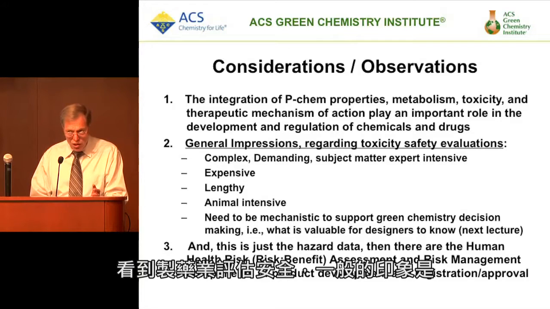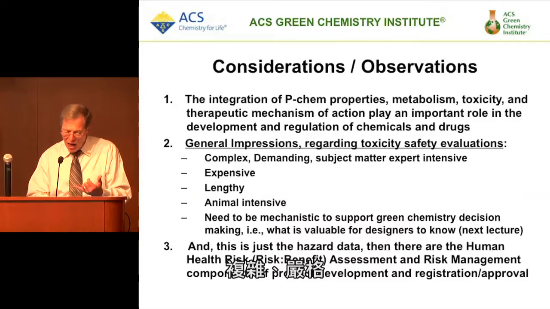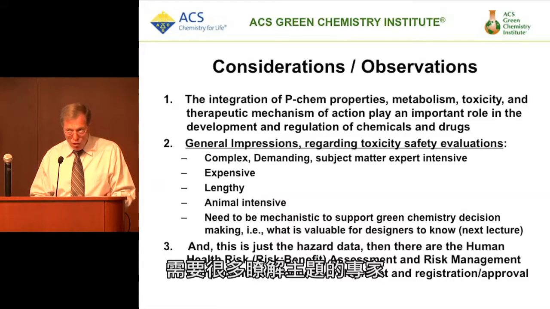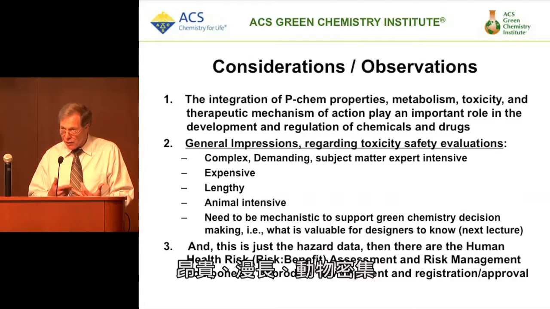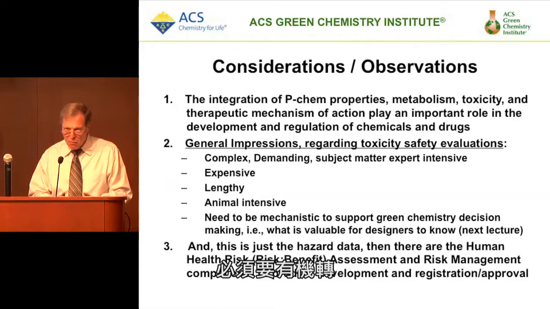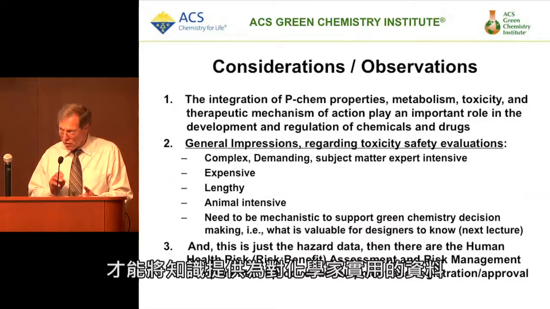So the general impressions, when you look at what the pharmaceutical industry does to evaluate safety, it's complex, it's demanding, it requires a lot of subject matter experts, it's expensive, it's lengthy, it's animal intensive, and the point to remember is it needs to be mechanistic for that knowledge to provide useful data to chemists.